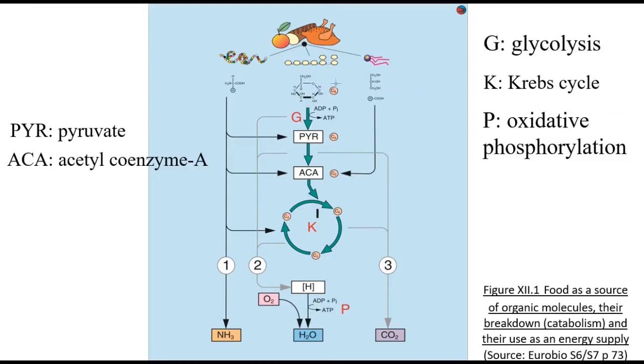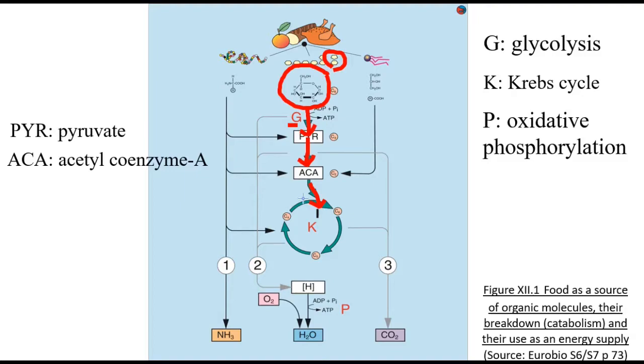What we saw in the previous lessons is that glucose, so you can see that these hexagons show carbohydrates, so one of them is glucose. Glucose is going to be transformed into pyruvate through glycolysis, then into acetyl coenzyme A, and then it's going to enter the Krebs cycle.